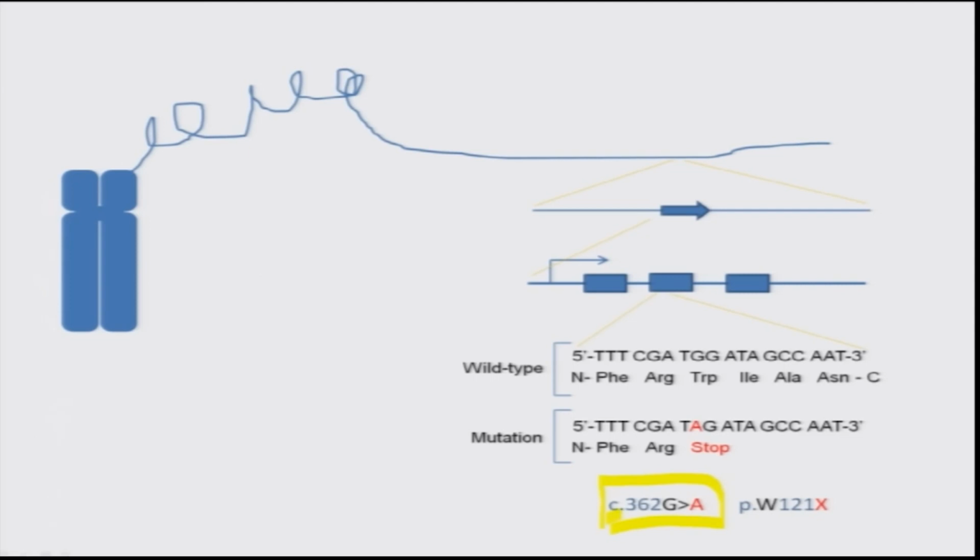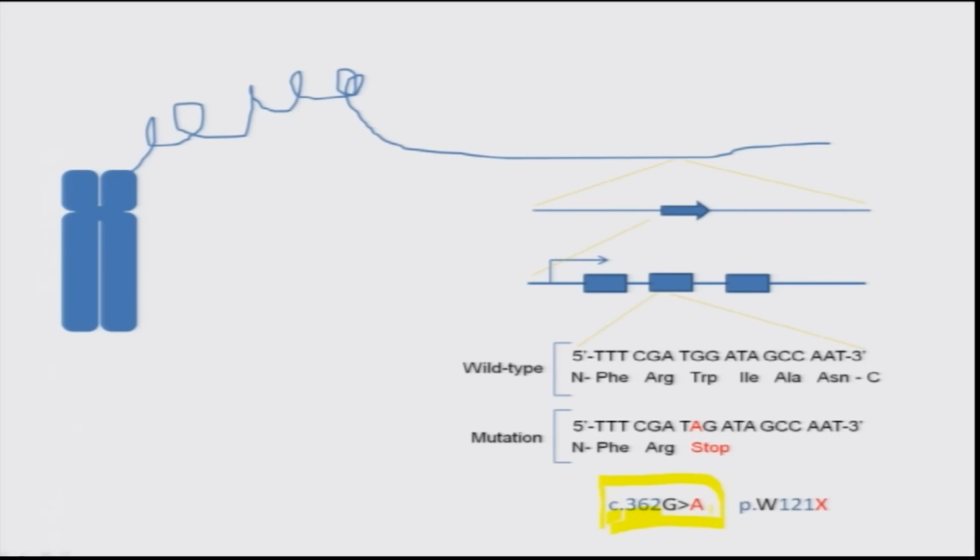The C stands for coding sequence, because it is present in a coding sequence that codes for a protein, and 362 is the number counted from the first nucleotide of the start codon, say methionine, coded by ATG. In that particular gene A represents 1, and this particular G which got converted to A represents 362.